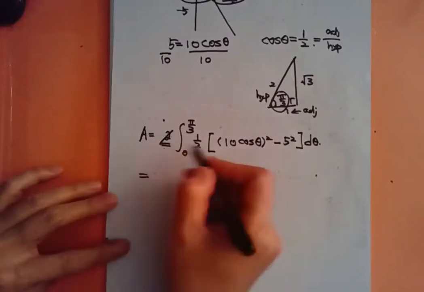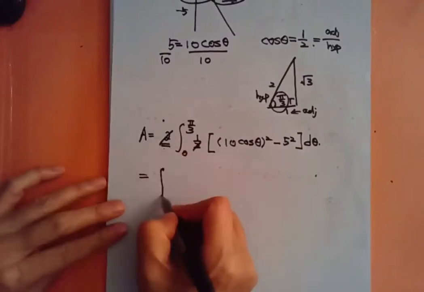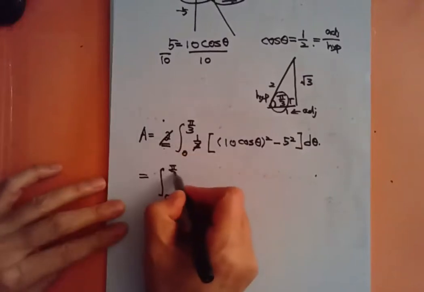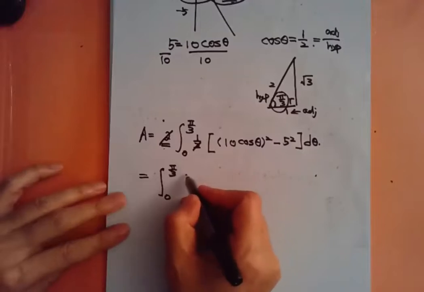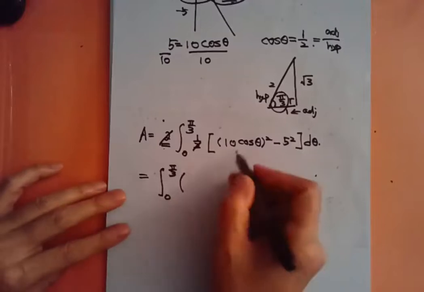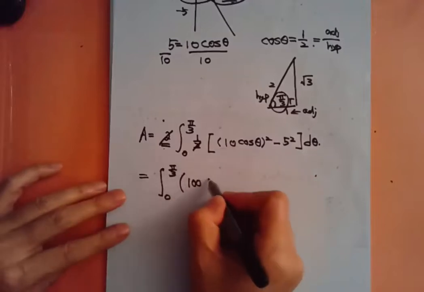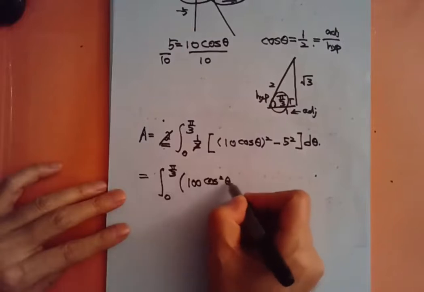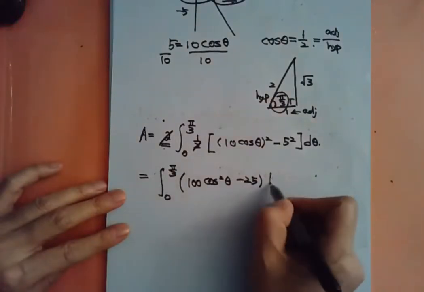These two will cancel each other, and from 0 to pi over 3, 100 cosine squared theta minus 25 d theta.